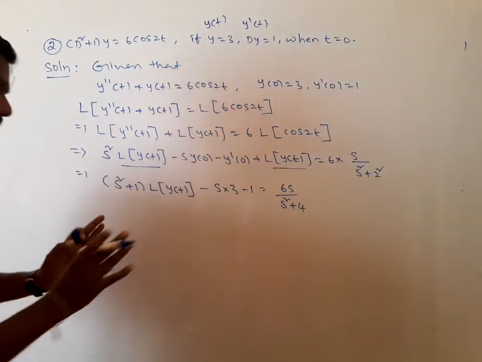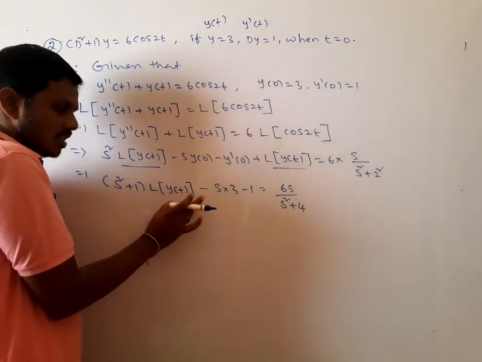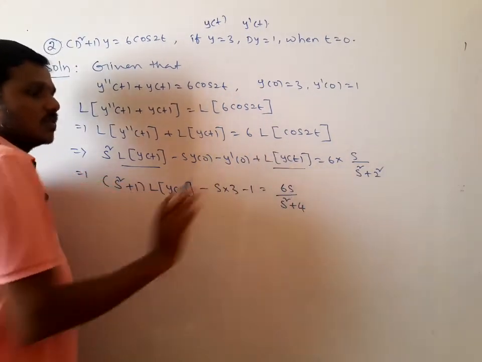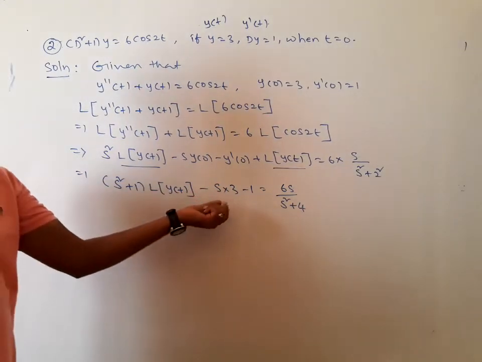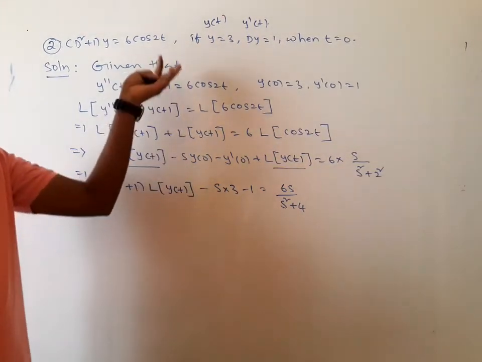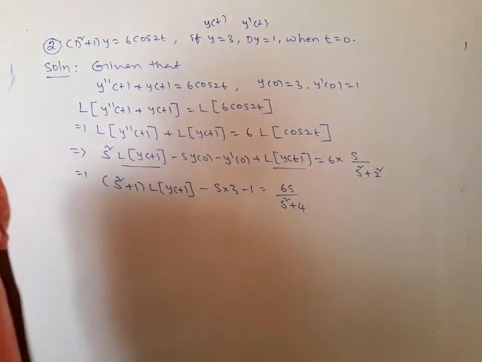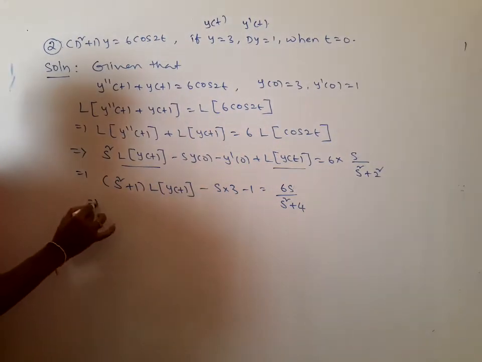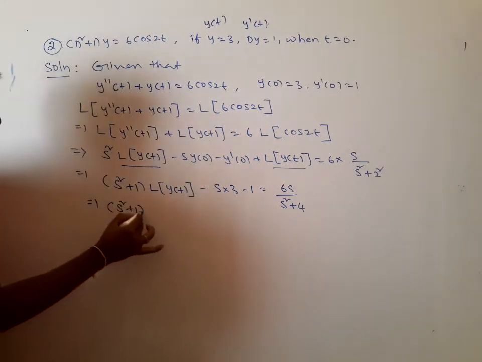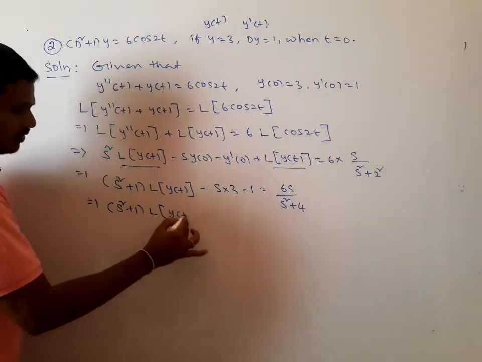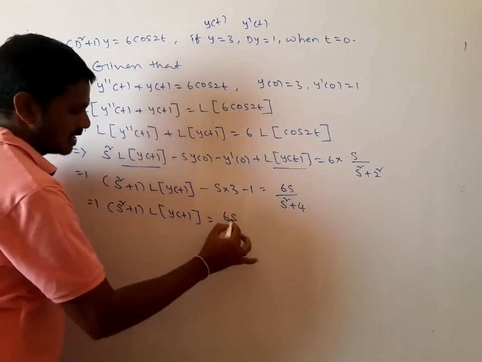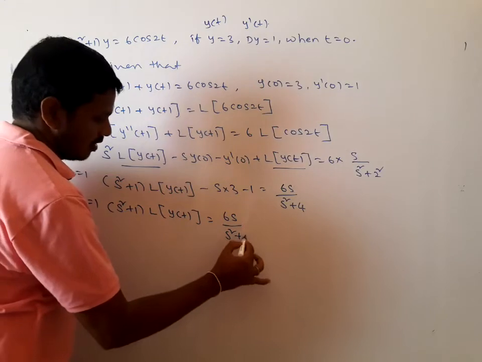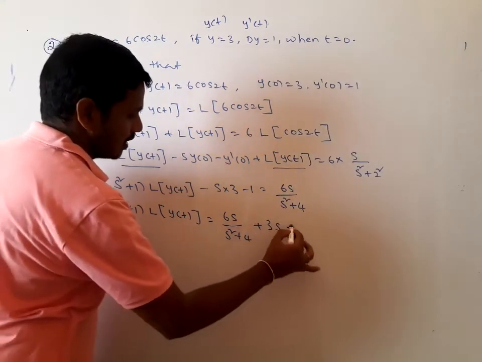Okay, after getting this step, whatever the terms without Laplace transform of y of t, you take to the right side. In the previous problem we don't have any such term, right? Why? In the previous one the initial conditions are y of 0 is equal to 0, y dash of 0 is equal to 0. Here it is not like that. S square plus 1 into Laplace transform of y of t is equals to 6s by s square plus 4, plus 3s plus 1.